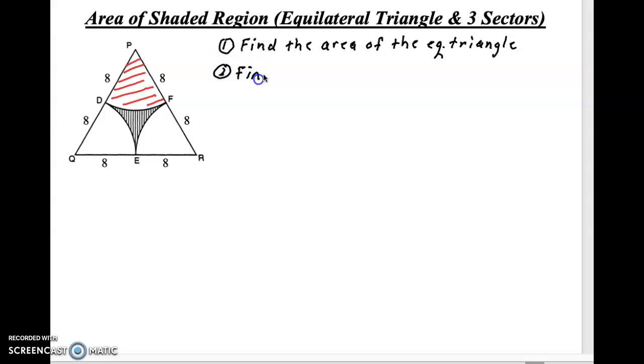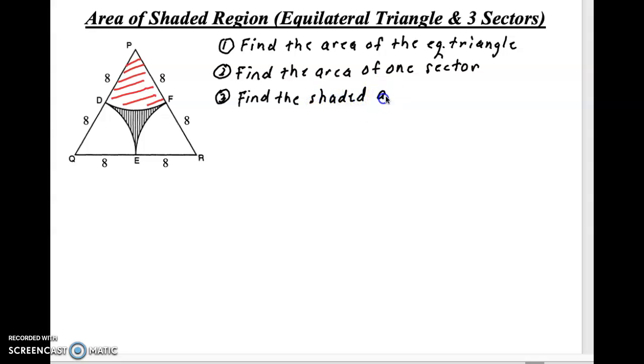Find area of one sector. And then our last and final step, step 3, is we're going to find the shaded area. Okay, so now we at least have a plan of attack.